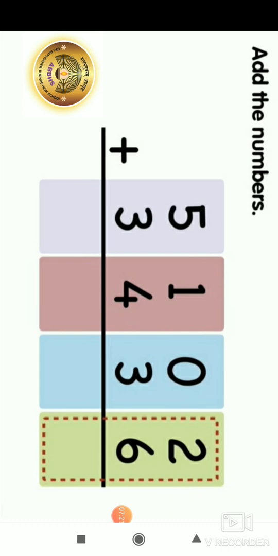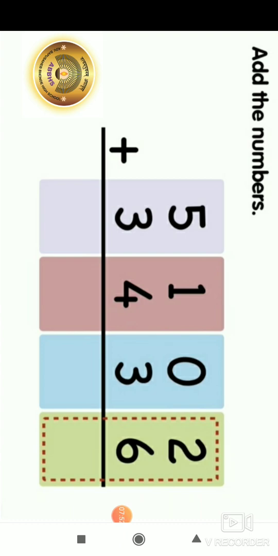Let's see, we have here the first number, that is 5,102, and another number to be added, and that is 3,436. Both these numbers are our addends. Now let's start. Remember students, start your addition from the unit place.